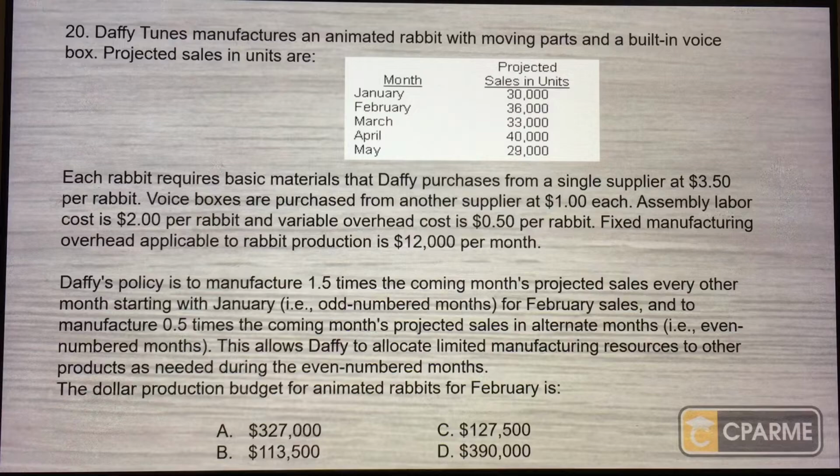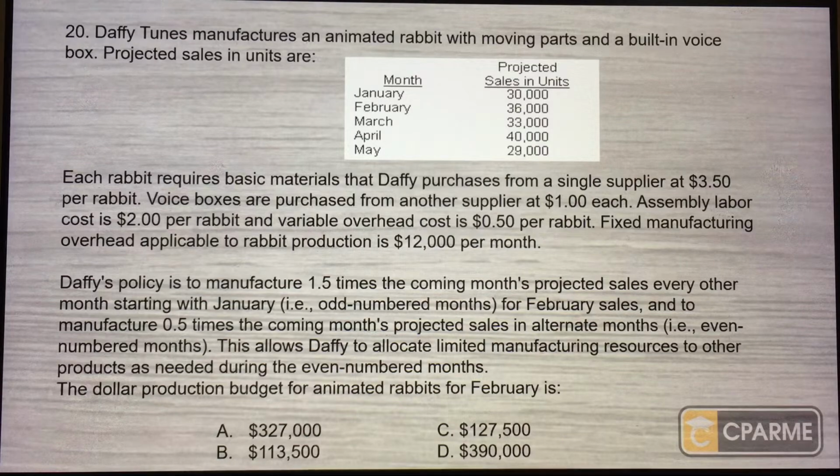So, it will be easier for us to determine what will be the base since it's already stated manufacture or produce. So, since it's for the month of February, the basis would be 0.5 of the next month's sales. So, from February, so March. How much will be the sales or the number of items to be sold for March? It's 33,000 but only 0.5.